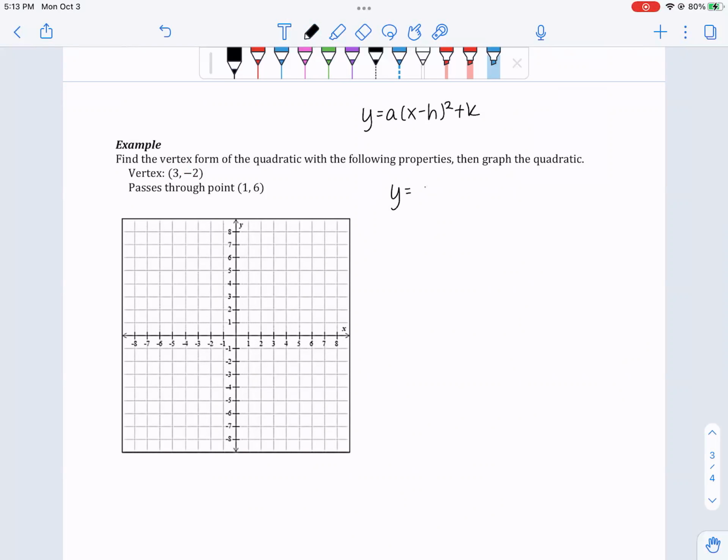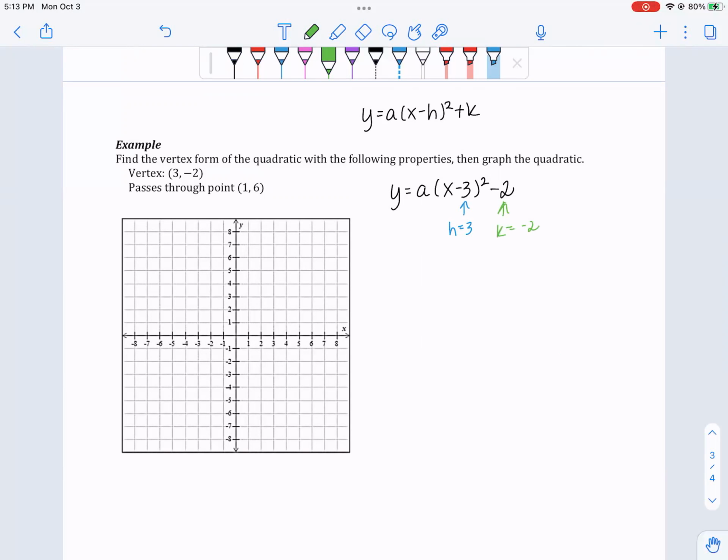So this becomes y equals a times x, then it's the opposite. So if this is a positive h, we write minus 3 over here. Minus 3 squared plus k. K is negative, so it's actually minus k, minus 2. There's h equals 3. There's k equal to negative 2.